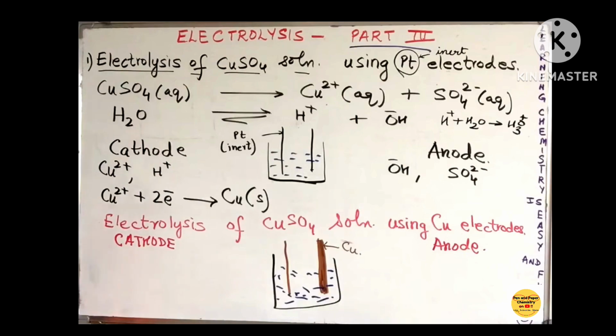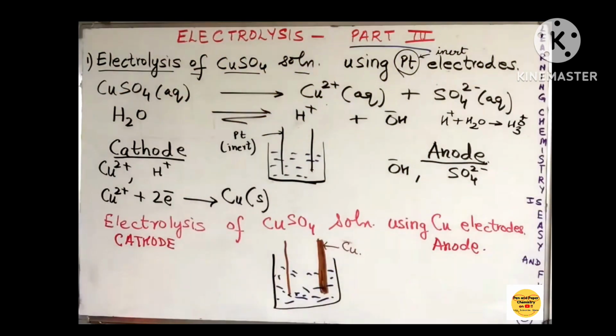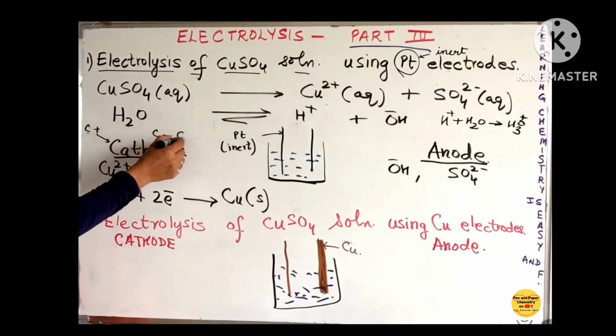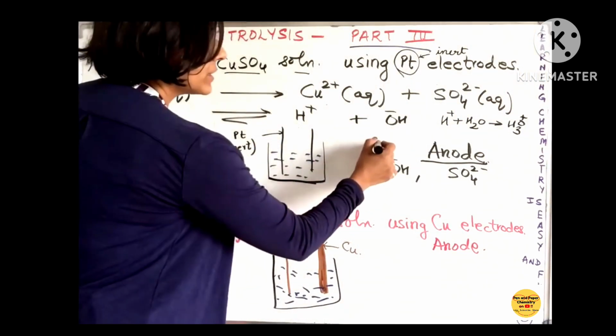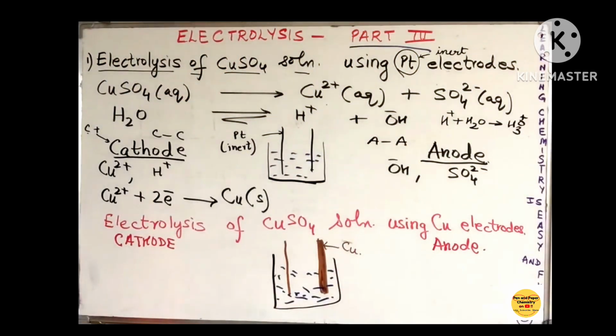Now let us see what happens after the ionization has taken place. Cathode, cation, ion with a cut, goes towards cathode, Cc. Anion goes towards anode, right?